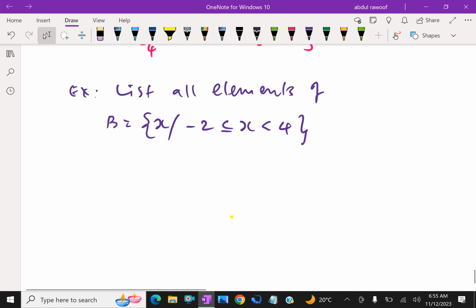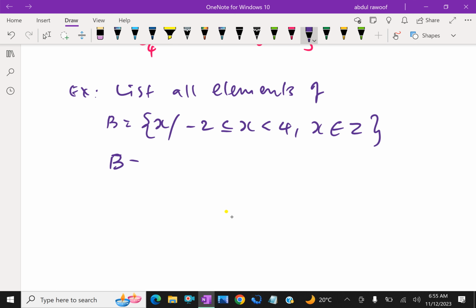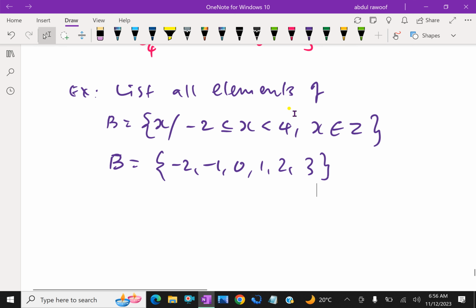How to list these numbers? And x is an element of Z, the positive integers, then which is equal, look at here, this minus 2 is included: minus 2, minus 1 and 0, 1, 2, 3. Here 4 is not included, since x is less than 4, not equal to 4.